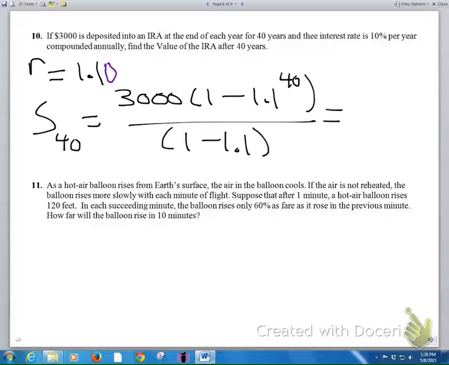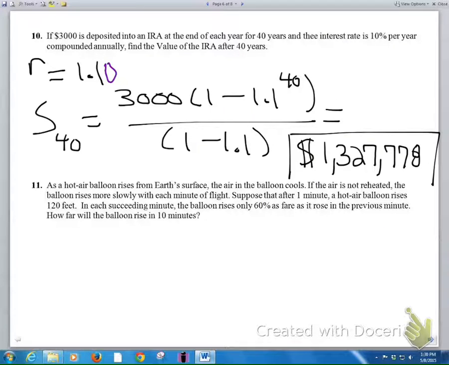So it would be 3,000 times 1 minus 1.1 to the 40th over 1 minus 1.1. So make sure you're plugging this correctly in your calculator, because if you don't know how to plug it correctly in the calculator, you won't get the right answer. So there is the answer, and there it is to the nearest cent.